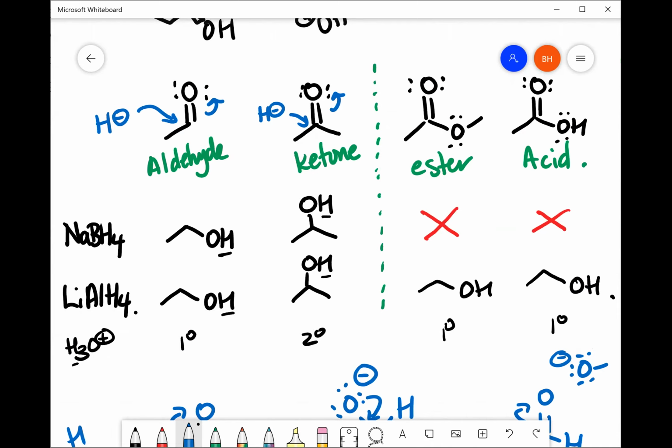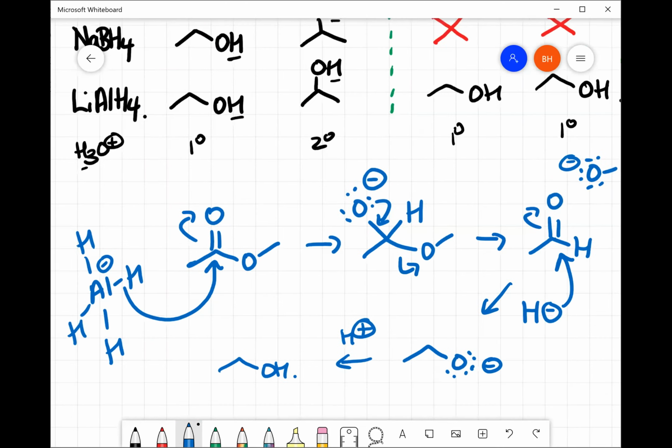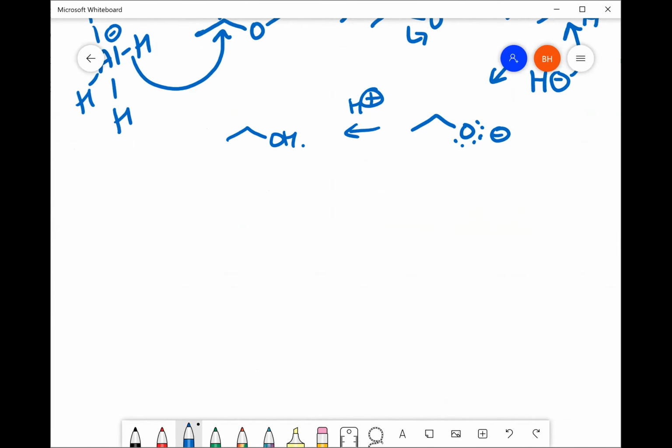There is a similar analysis that we could do with Grignard reagents. So let's erase this.